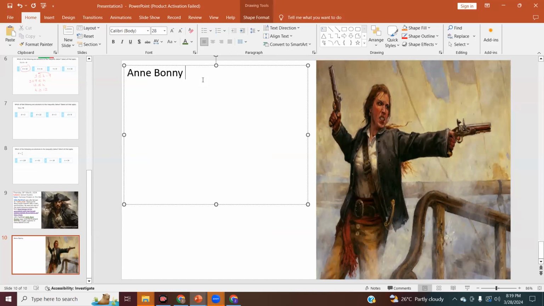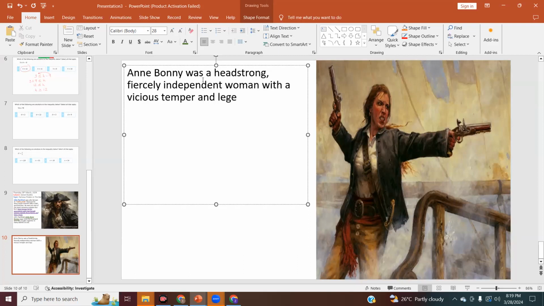Anne Bonny was very different from the typical woman of those times. Typical women of those times were humble, meek, submissive and stuff like that. But she was very headstrong. Anne Bonny was a fiercely independent woman with a vicious temper and legendary courage.